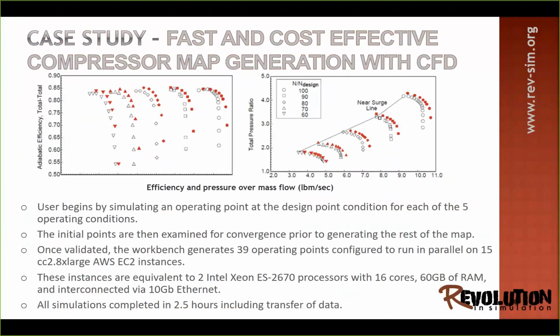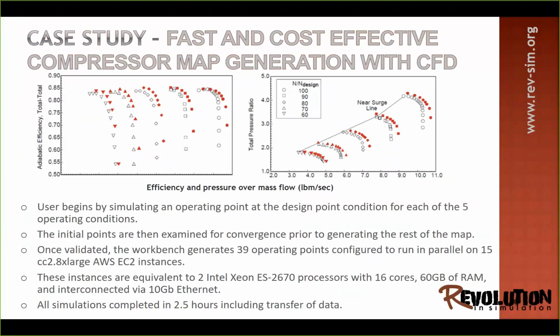In each of these compressor maps, you see the simulation results for different scenarios compared to the real physics, so to speak, which came out of real experiments. The user begins by simulating an operating point at the design point condition for each of the 5 operating conditions. The initial points are then examined for convergence prior to generating the rest of the map.